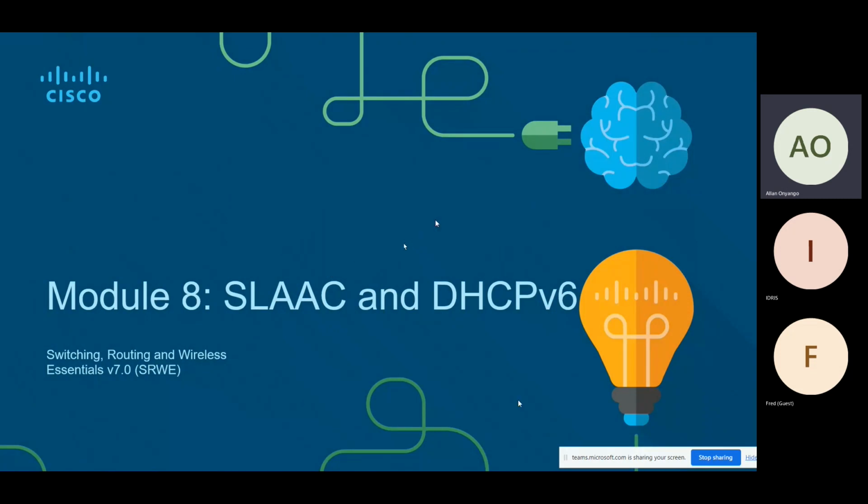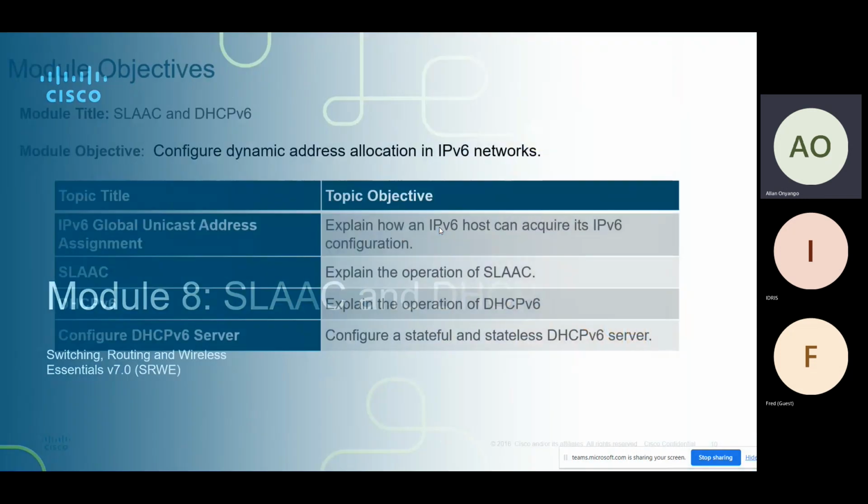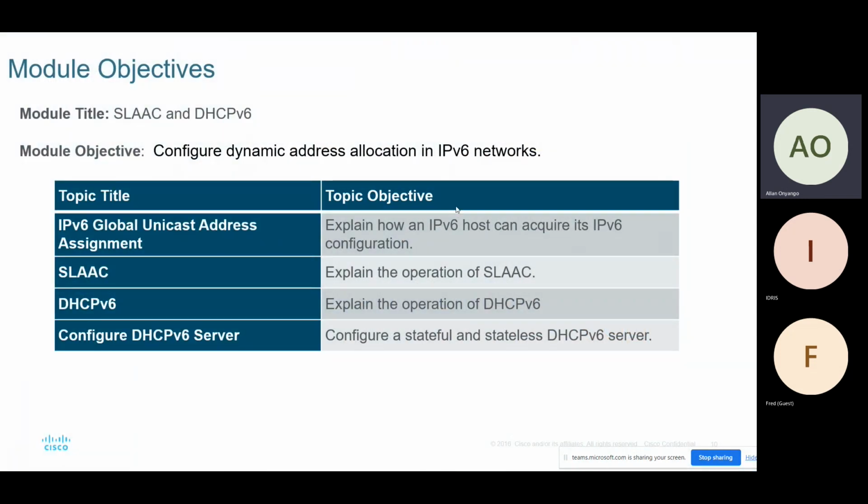The concept is still the same, and this time round, DHCPv6 is actually DHCP for IP version 6, and it has a special feature called SLAAC. SLAAC means stateless address auto configuration, and it's a concept that we are also going to talk about.